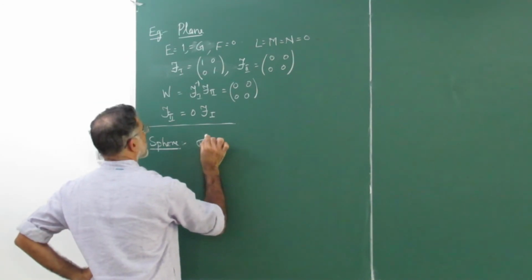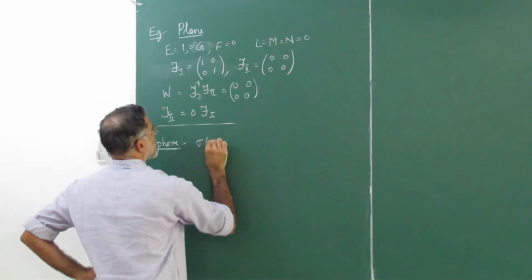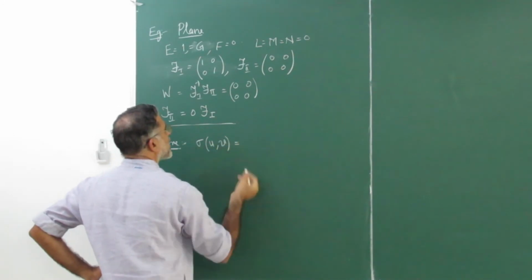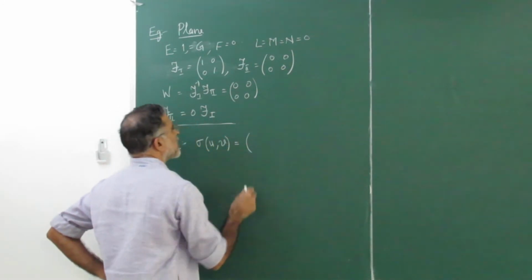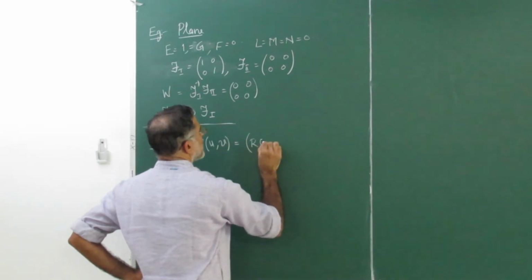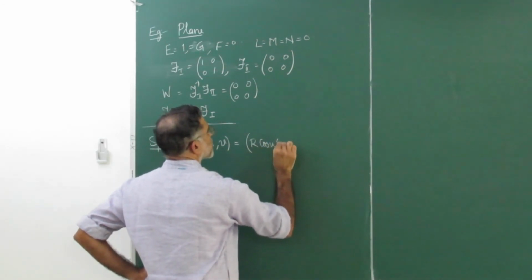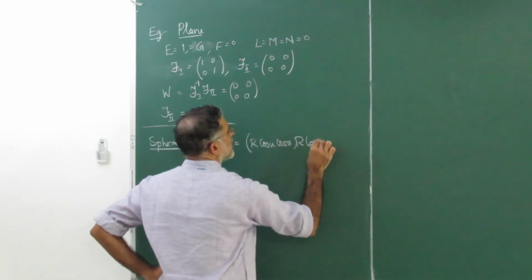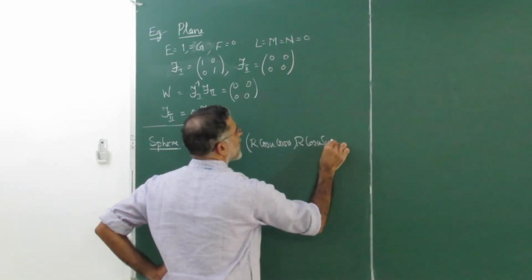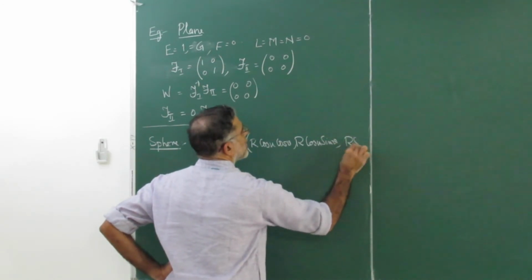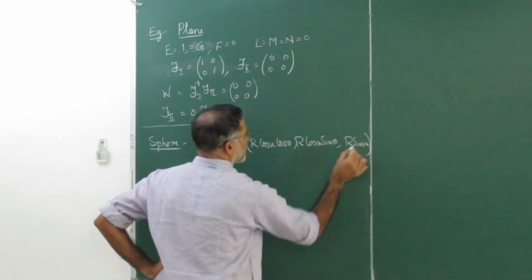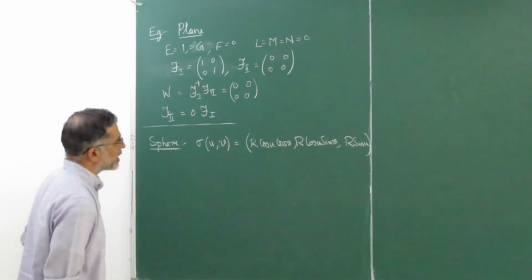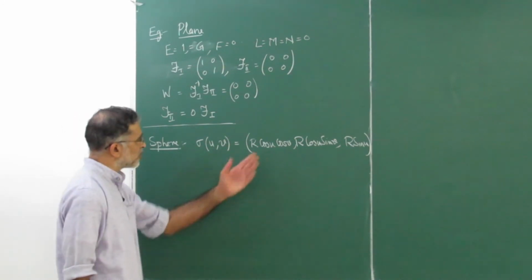The sigma uv is equal to the radius r, so you have to multiply by just r. So it will be r cos u cos v, r cos u sin v, and r sin u. So this is the sphere of radius r with center origin.